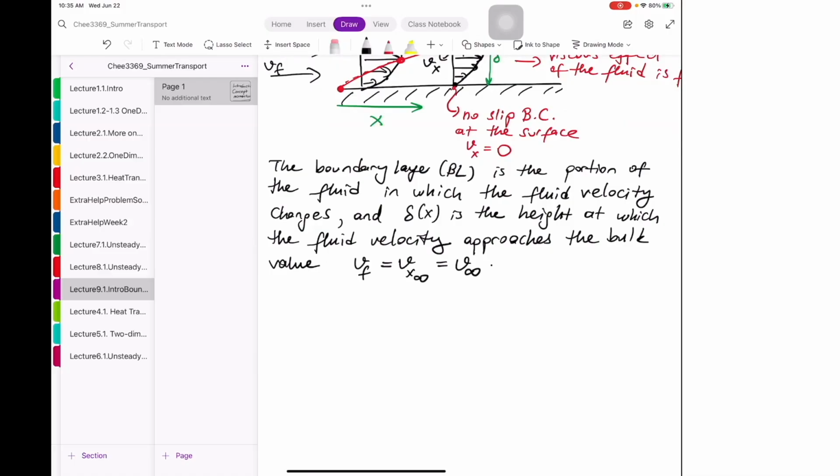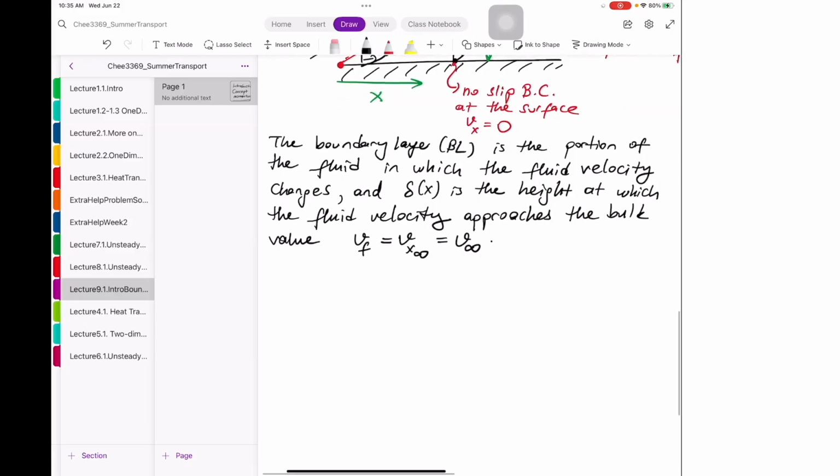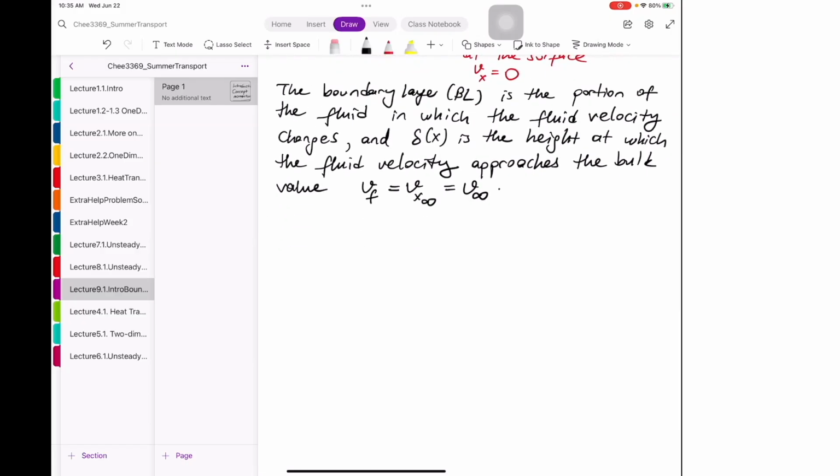Now, this is a summary that you're supposed to have learned in the fluid mechanics course. And we have a similar boundary layer thickness for heat transfer as well. Let's call it delta T this time, T for temperature, for the heat transfer.